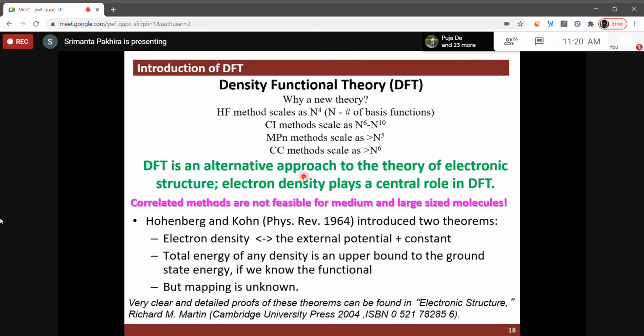But the mapping is unknown. A very clear and detailed proof of this theorem can be found in the book Electronic Structure by Richard M. Martin, one of the big scientists, who published it in 2004. You may get a clear-cut idea from that.